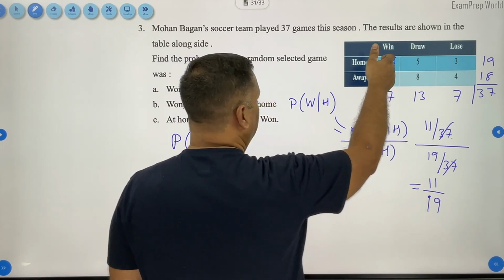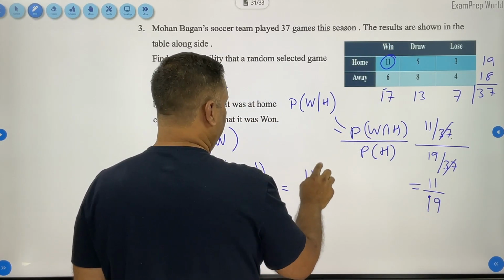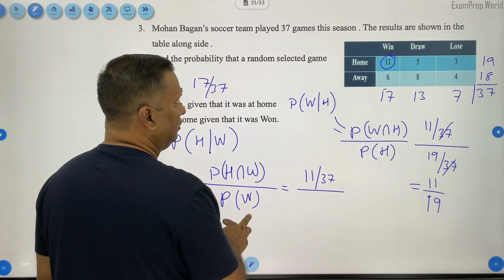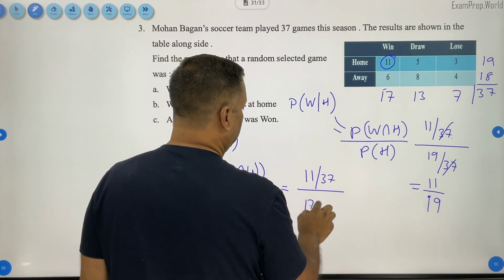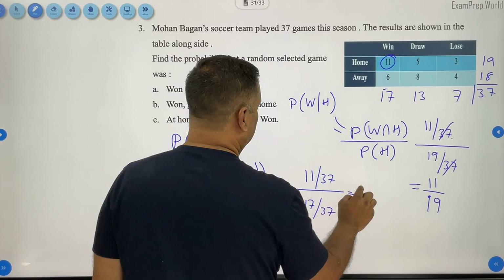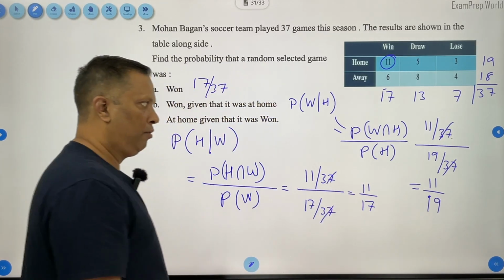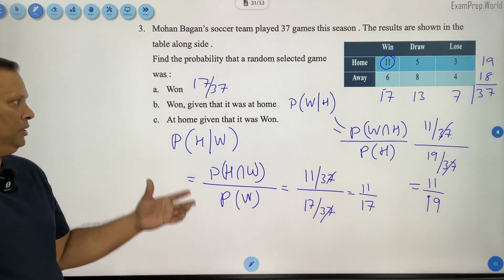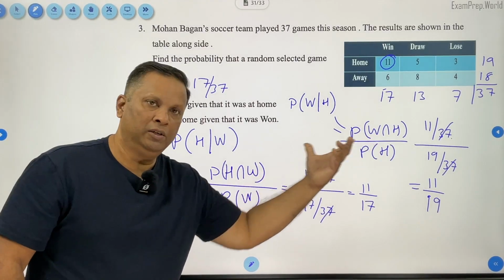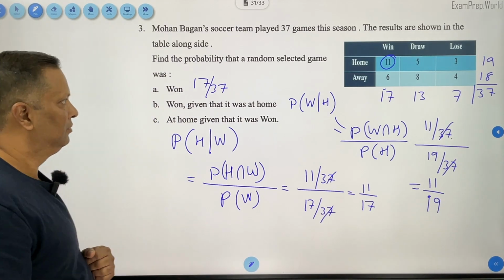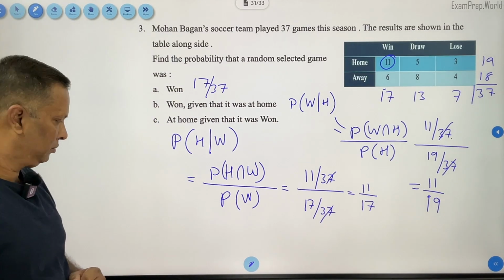Home and win is once again 11. 11 on 37 divided by probability of win, which is 17 on 37. So this time 37 cancels, it is 11 on 17. Okay? The method is simple. If you remember this formula, your conditional probability becomes very, very easy. So go ahead and note this one.